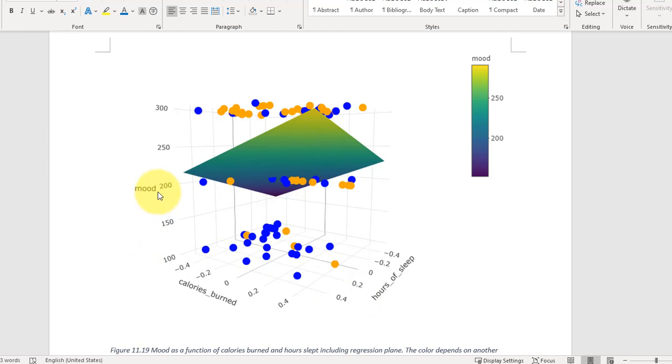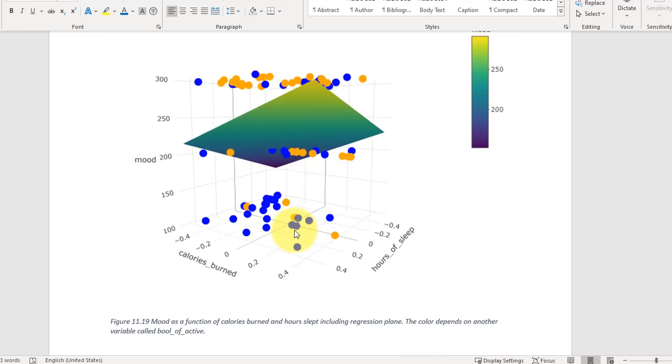And we actually have, you can see there are two different colored dots here, and they stand for something else I can't remember right now. But anyway, this is people at the gym, so they do some exercise, and we also know how many hours of sleep they had, and then we have their mood.